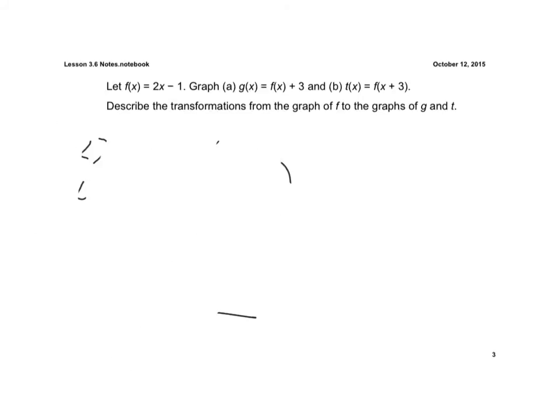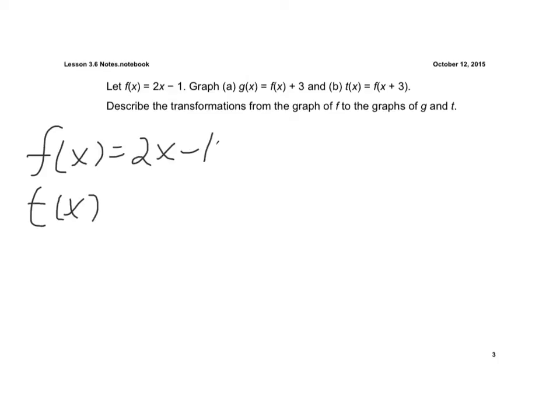If we take a look at the next one, again, our original function is f of x equals 2x minus 1, but now my translated function, t of x they call it, is going to be f of x plus 3. Now because what's being done is on the inside of the parentheses, this is going to create a horizontal shift.